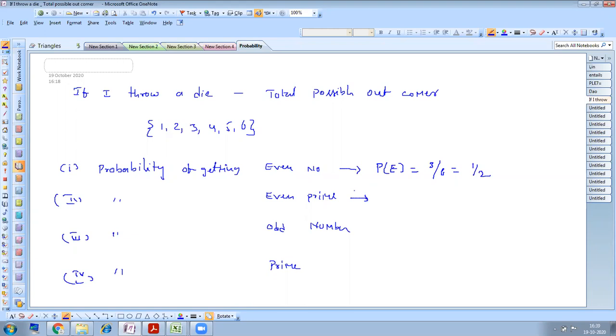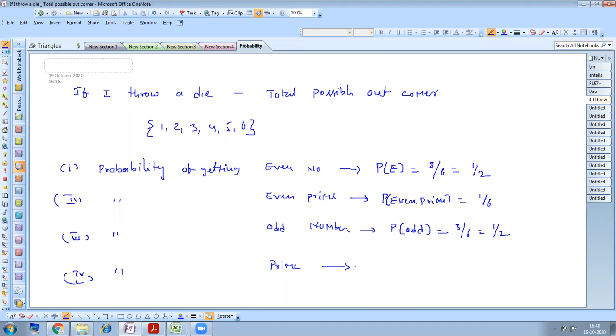Even prime is 1 by 6, because only 2 is an even prime. Odd number is 3 by 6, again 1 by 2.